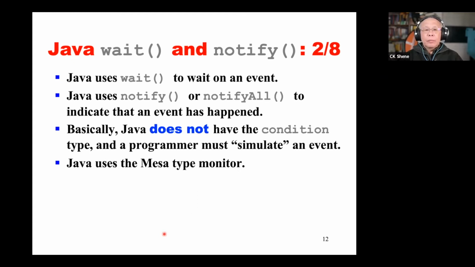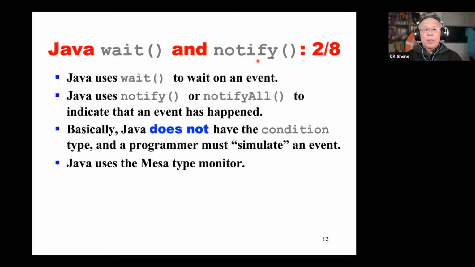Then, in the classical way, a thread inside a monitor, or executing inside a shared object, sometimes cannot continue because that thread may want to wait for something to happen. In the classical way, we execute the wait method. When someone makes that event happen, that someone executes notify in Java or signal in a classical monitor to release a thread.